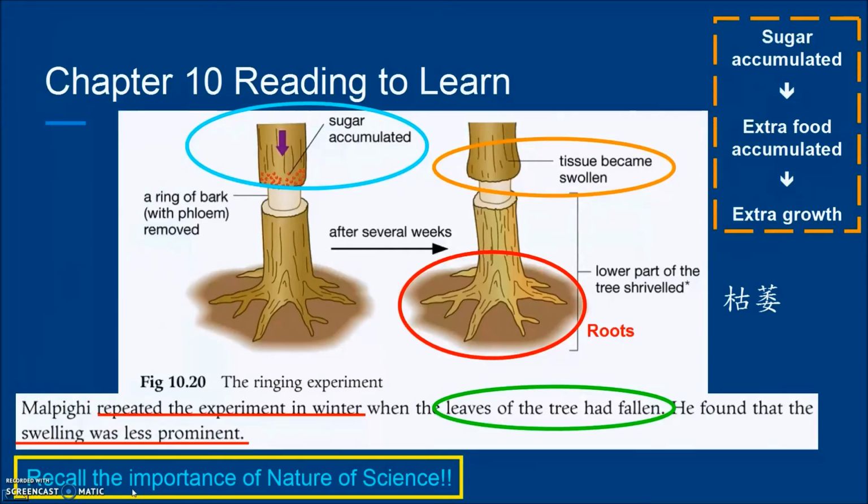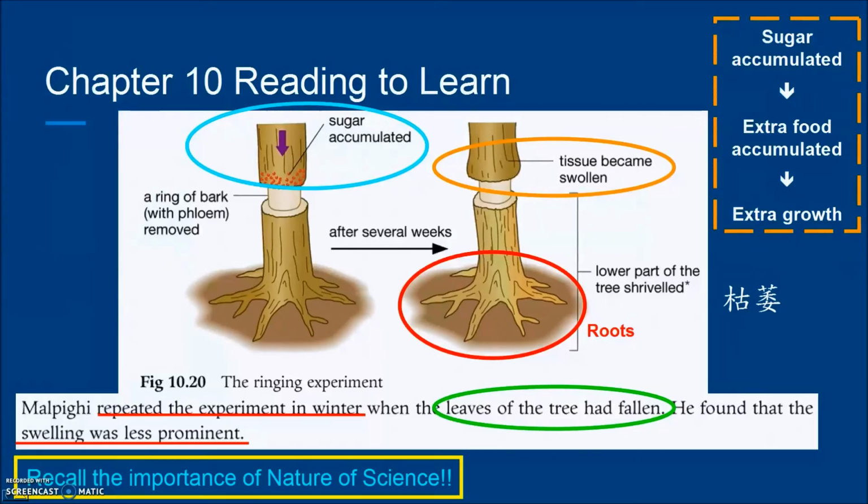So for this paragraph, I would like to recall the importance of the nature of science. Remember that science is tentative. Something we prove is correct today, but tomorrow it may become wrong, because another scientist will have new findings to prove that something is correct or wrong.